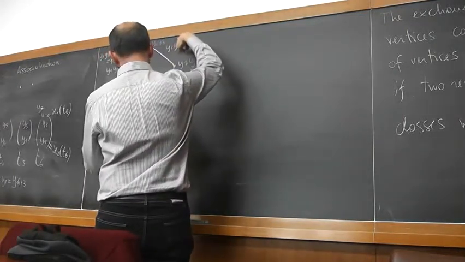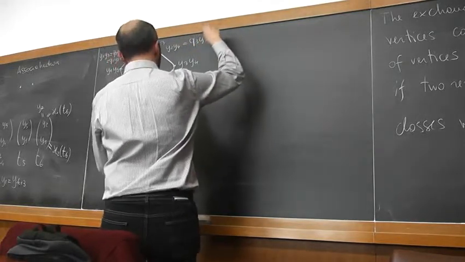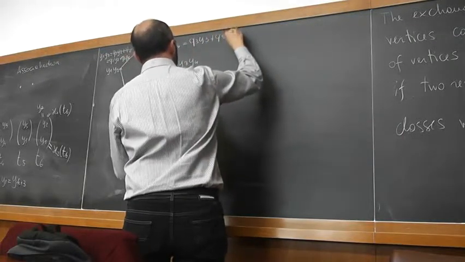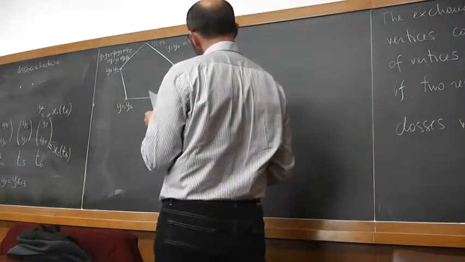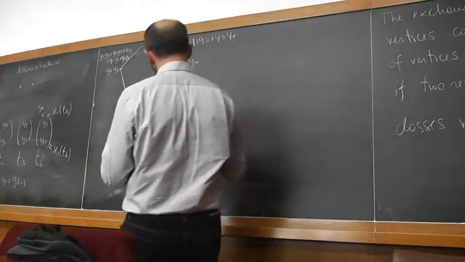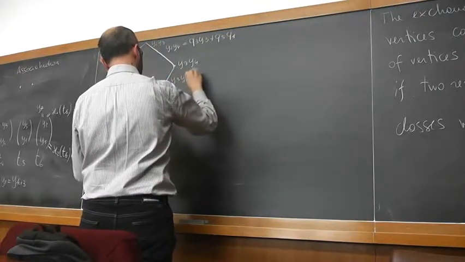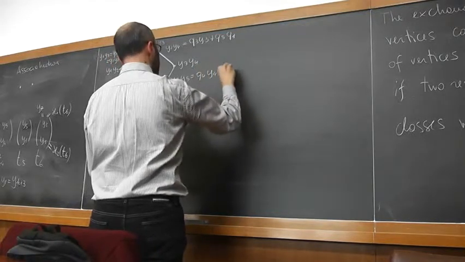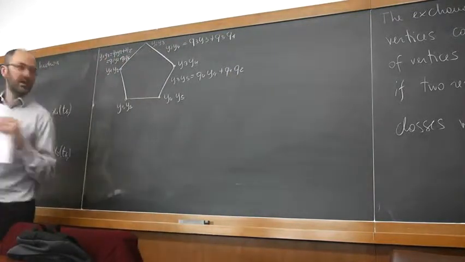And for example, y2 y4, which is q3 y3 plus r3, becomes q5 q1. And here we have y3 y5, y4 plus, and the others.